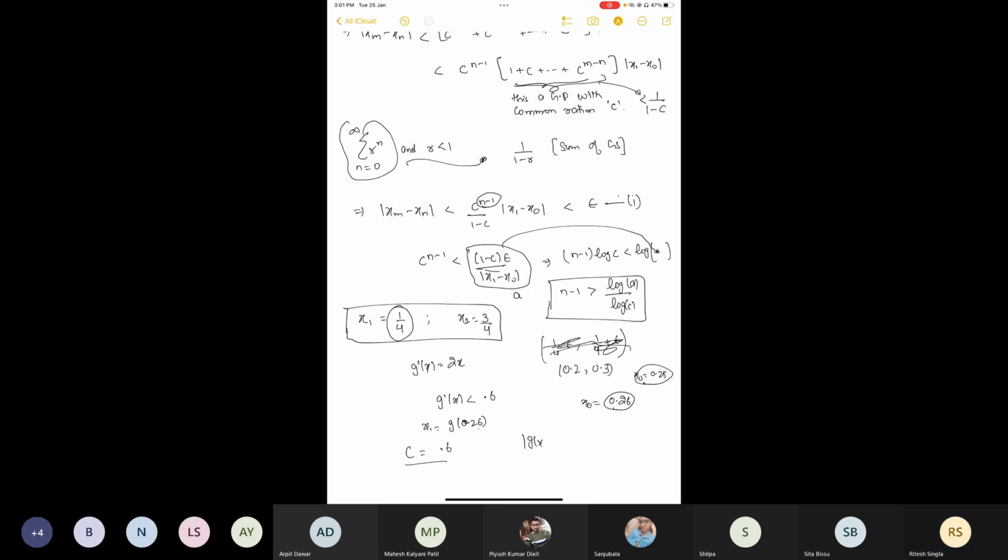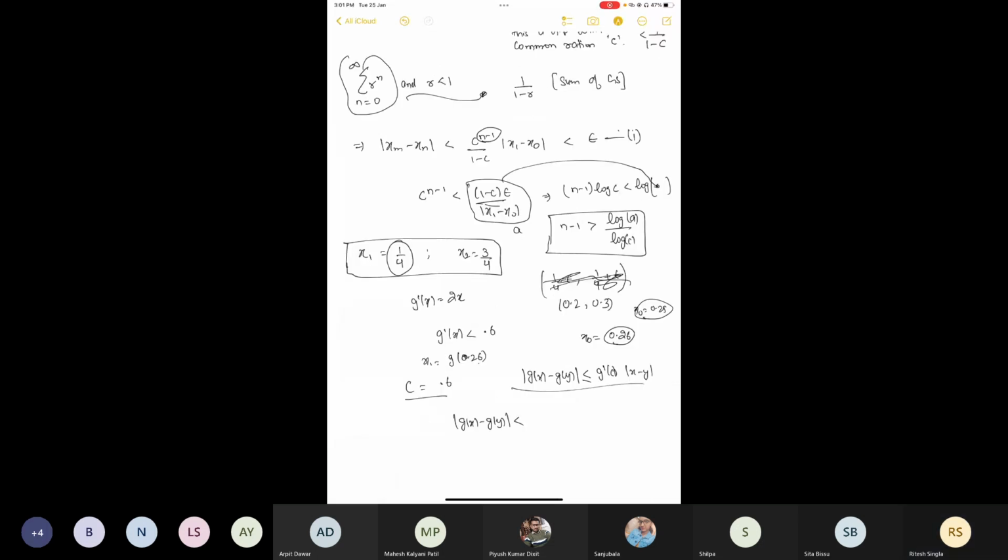Then you know that your c will now be 0.6, right? So you know that mod of g x minus g y will be less than c times mod x minus y, by the maximum of g prime xi times mod x minus y.